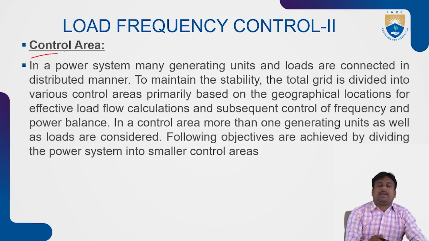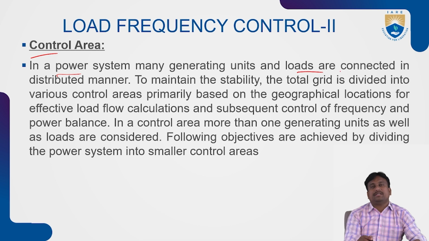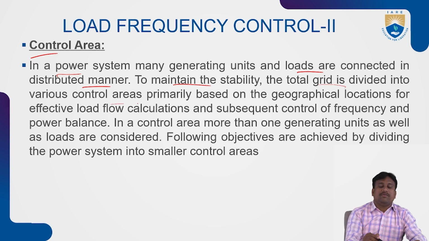So here we come across one more concept called control area. What does control area mean? In a power system network, many generating units and loads are connected in a distributed manner. That means to maintain stability, the total grid is divided into various control blocks, primarily based on geographical locations.